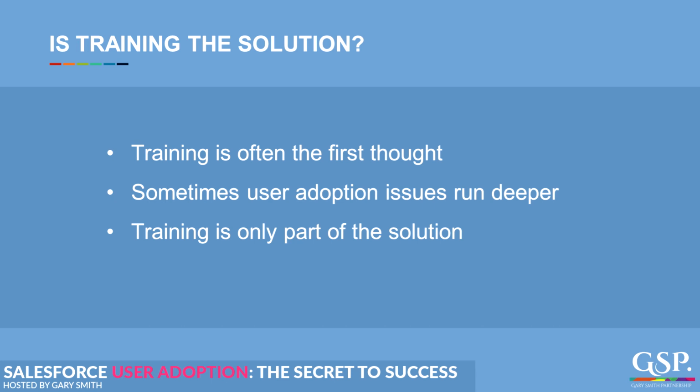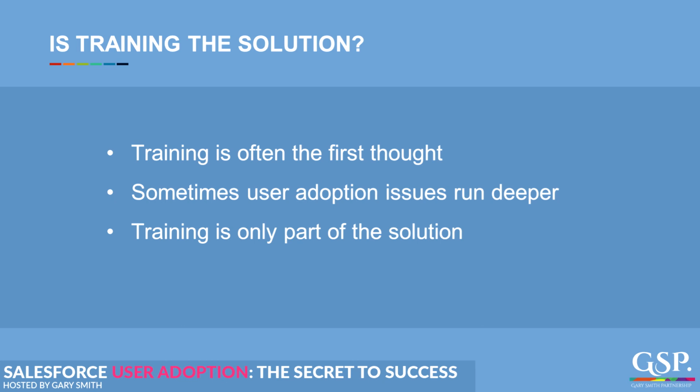The first is put a bit of structure on the problem, understand why it might be happening. And secondly, have a series of strategies, some things that you can do once you understand the problem, to solve it, and in this case to achieve full user adoption. So that's what we're going to talk about on this webinar: how you put a bit of structure on the problem and the things that you can do when you understand a bit more about what's causing the problem.